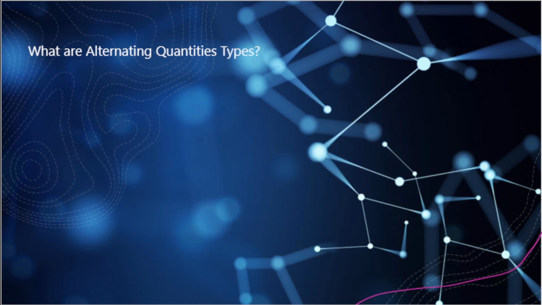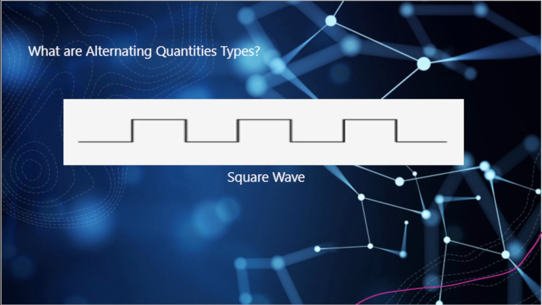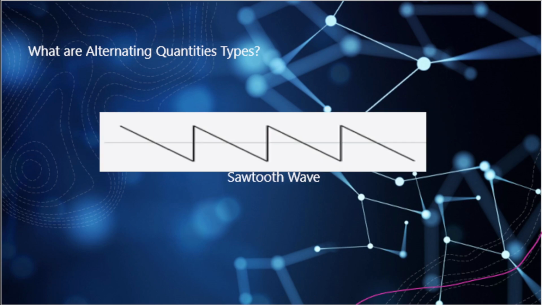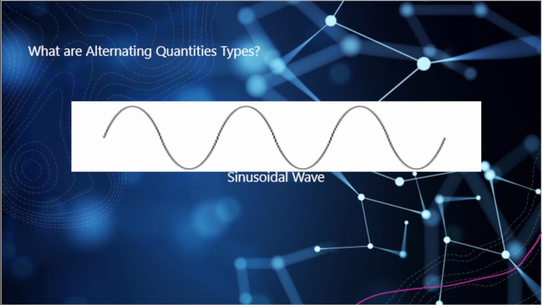However, these alternating quantities have different types. These alternating quantities may have square waves, triangle waves, sawtooth waveforms, and sinusoidal waveforms as an example.